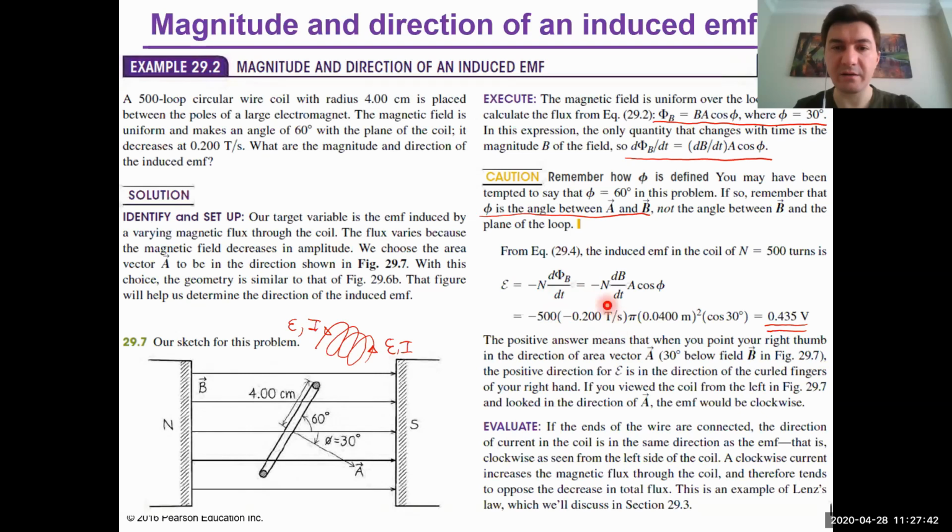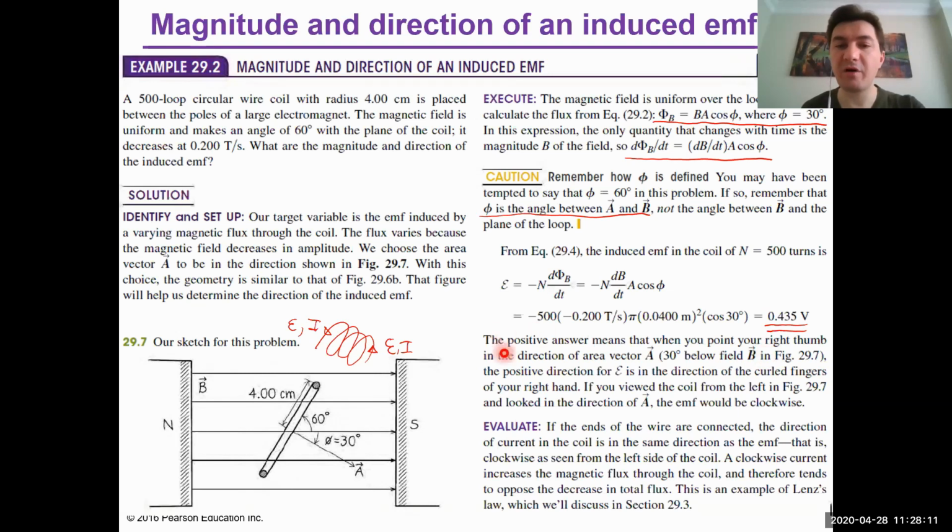Put it there, 0.2 Tesla per second, okay? And then here we have 500 turns. And what else? We have the area here and cosine phi. Then we find the EMF 0.435 volt, you can say, okay?